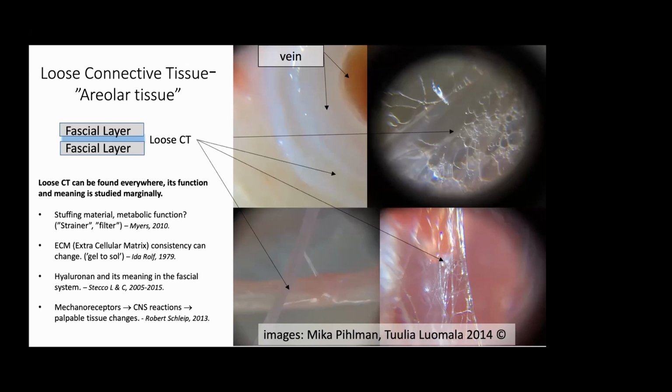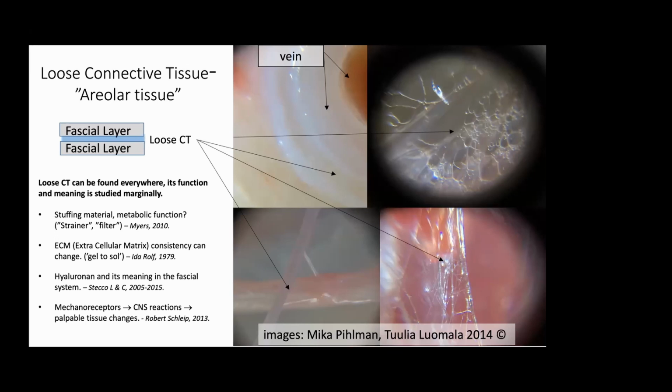And here you can see a microscopic image of the loose connective tissue. And there are a couple of ideas of what the researchers have been saying about this one. Myers 2010 has been talking about the metabolic functions and the stuffing material. Iderov, already quite long ago, was talking about the extracellular matrix and the consistency of that one and how it is gluing layers together.